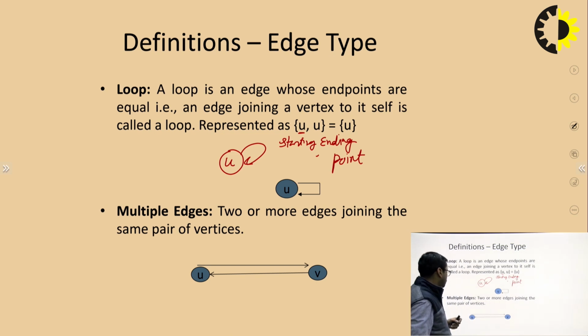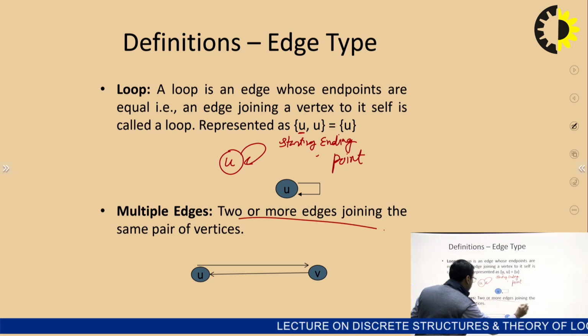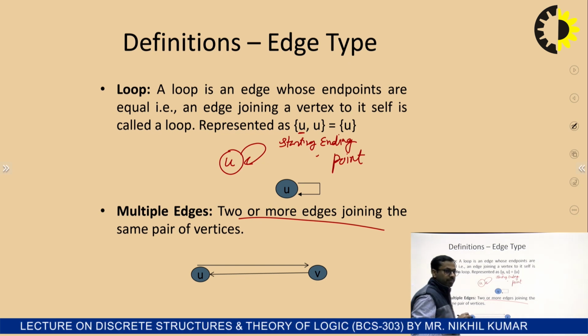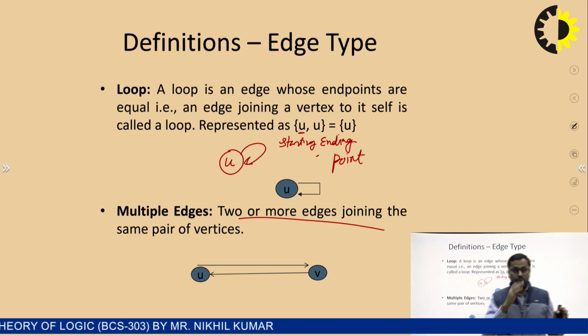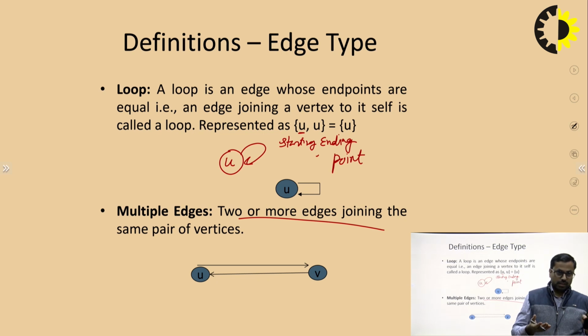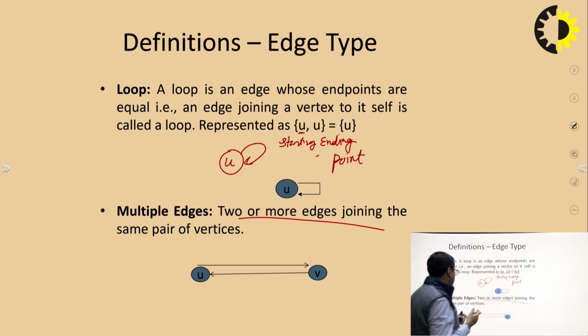What is the concept of multiple edges? Two or more edges joining the same pair of vertices are called multiple edges. That means if there is more than one connection available between two vertices, it is called multiple edges.